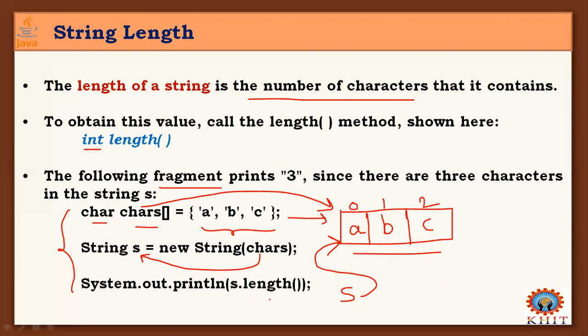When we try to find the length of this string s by calling the length function, or a length operation on the string, it gives the result as 3, because the length of the string here is 3 characters.